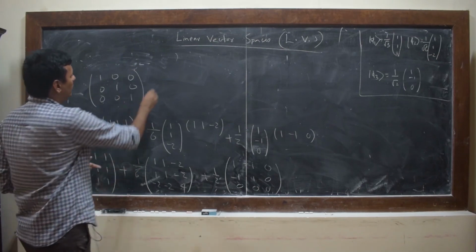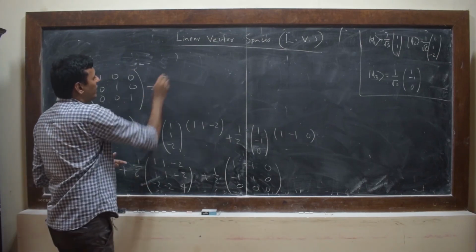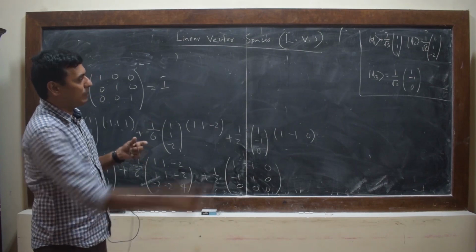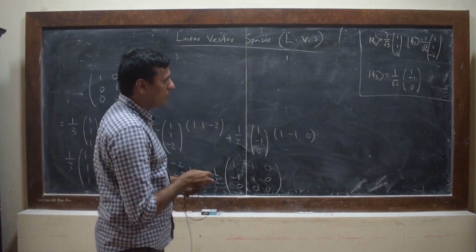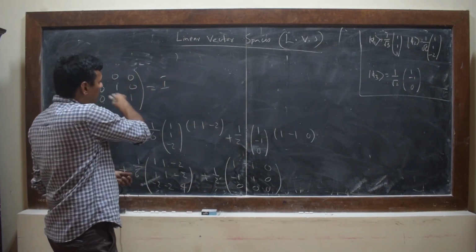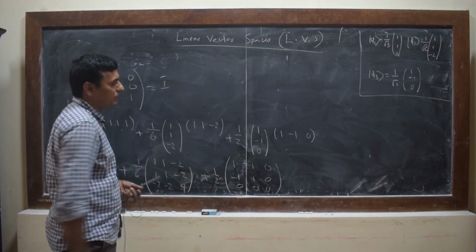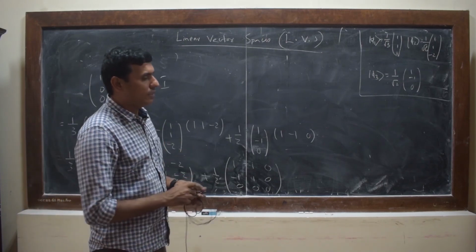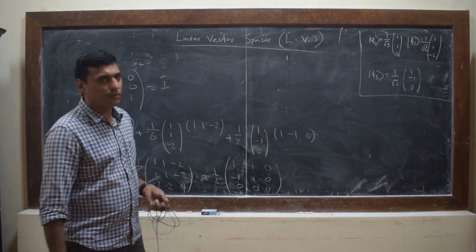So, this is what you get. So, this is the identity element. So, you see, when you do Schmidt orthonormalization, you can see the completeness relation automatically coming from here. All right. So, I think I will stop here and then continue in the next class.